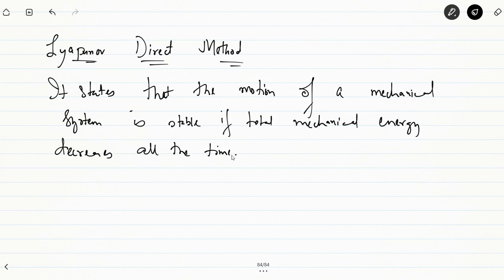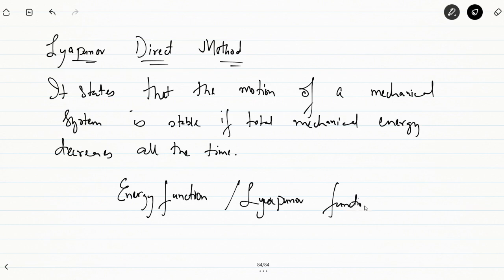Hence, in the direct method, the idea is to construct an energy function, or what is also known as a Lyapunov function.